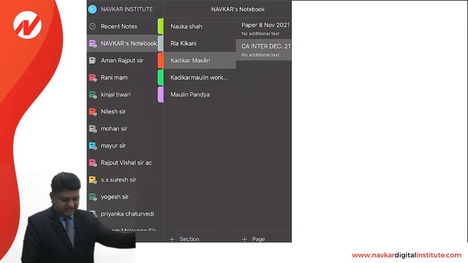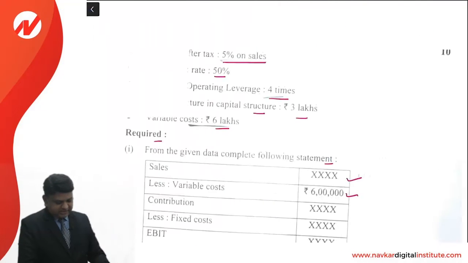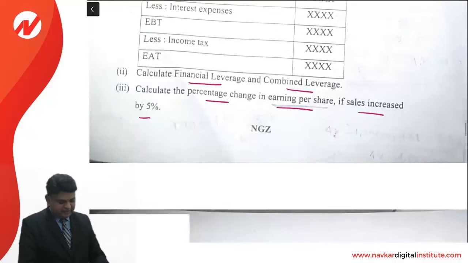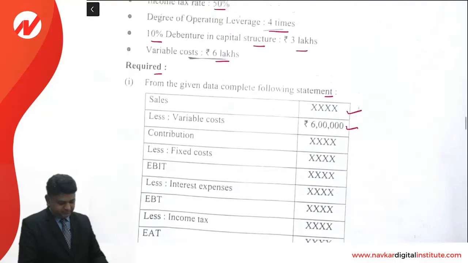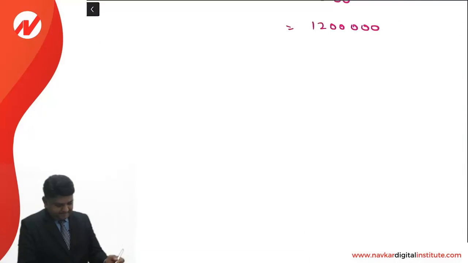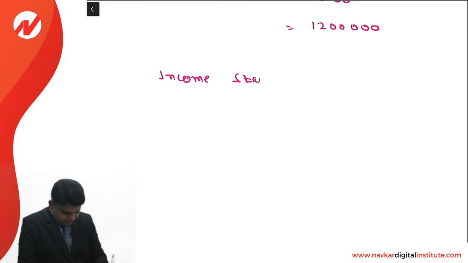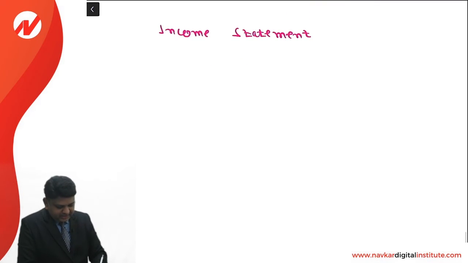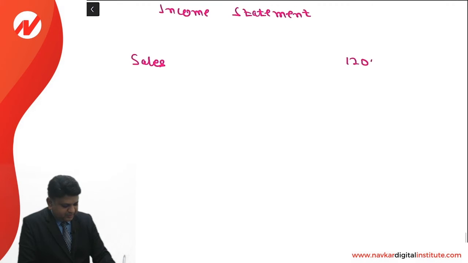Now we'll answer the first question, wherein we are required to prepare this income statement, that is completing this statement. So income statement, in that again sales, it is an amount of rupees 12 lakhs.